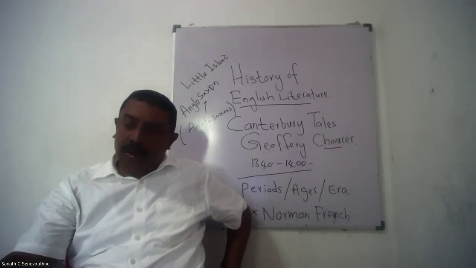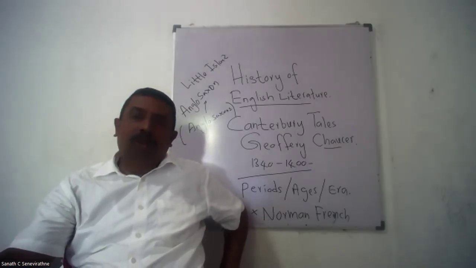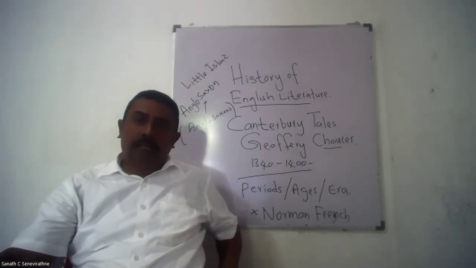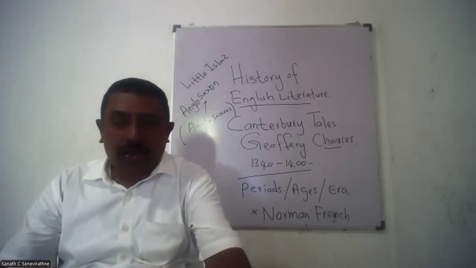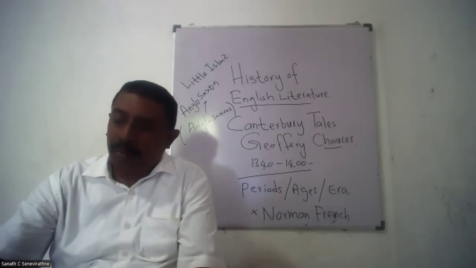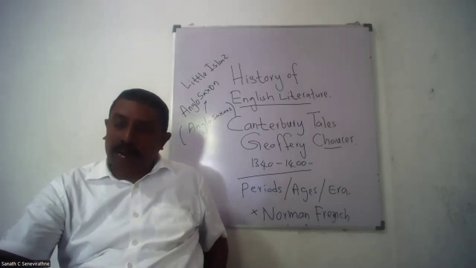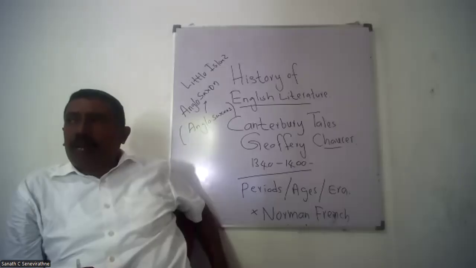Anglo-Saxon was a primitive form of English with a limited vocabulary. Right. That means it's a primitive form of English with a limited vocabulary.